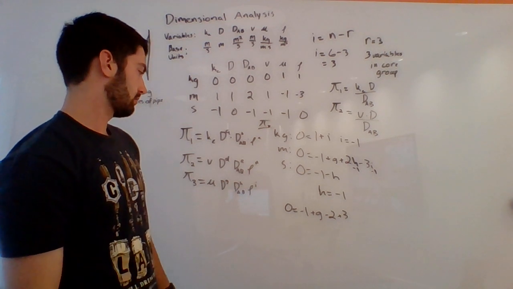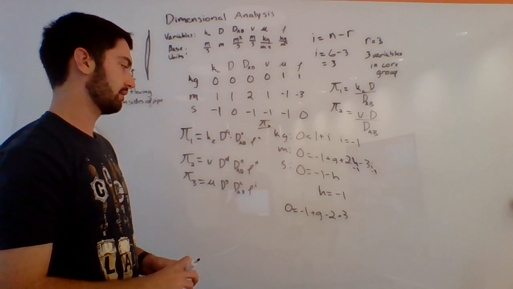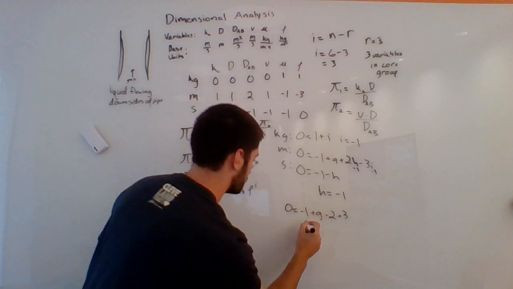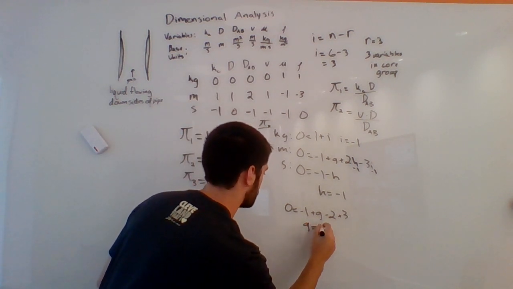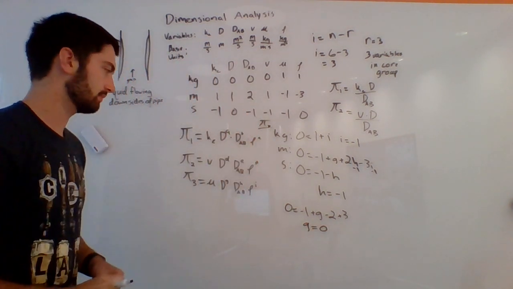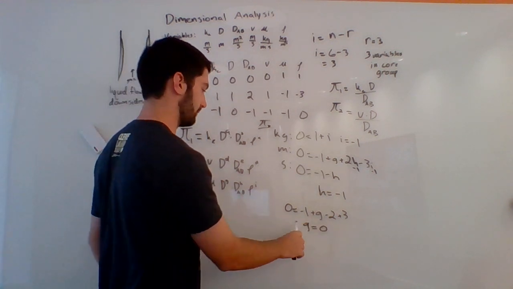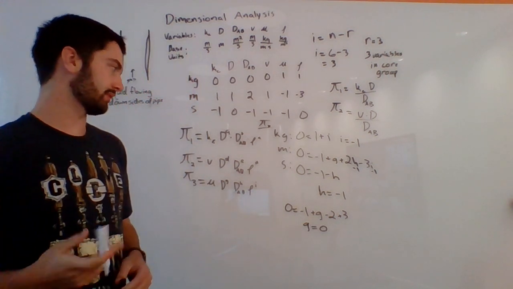So now, if we solve for g, we end up getting g is equal to 0, because if we add 2, add 1, yes, g is equal to 0.